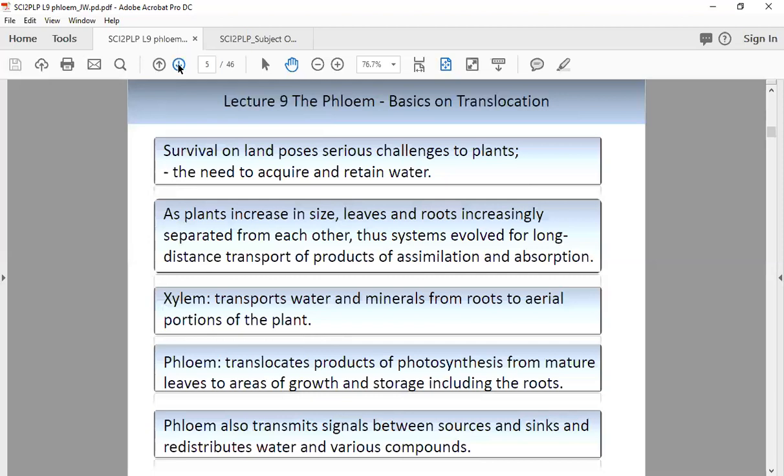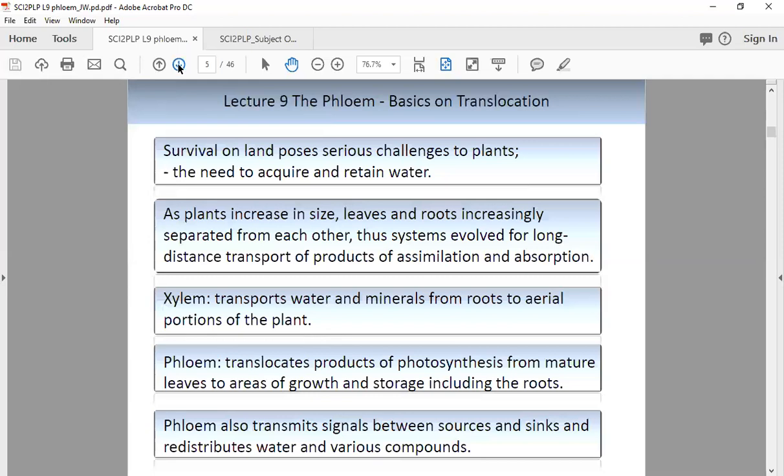We've looked at the xylem, of course, which transports water and minerals from roots to aerial portions of the plant. And tonight we're going to focus on the phloem. And the phloem, of course, moves or translocates products of photosynthesis from mature leaves, or mostly mature leaves anyway, but from any part of the plant that can photosynthesize, to areas of growth and storage, including the roots.